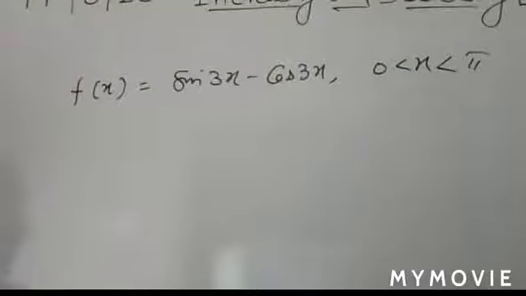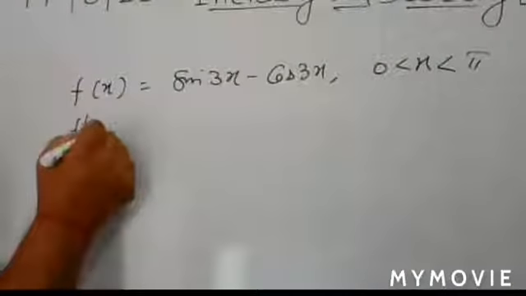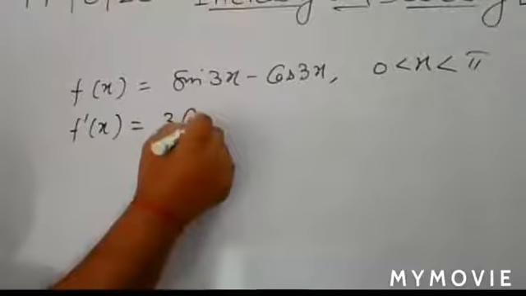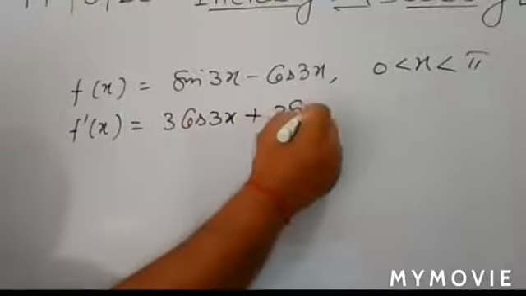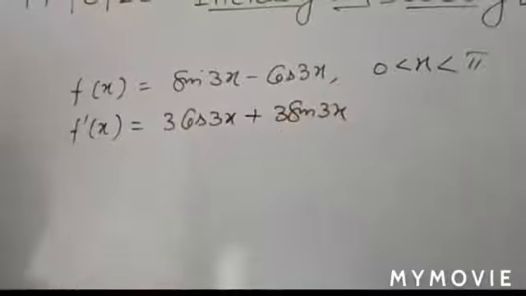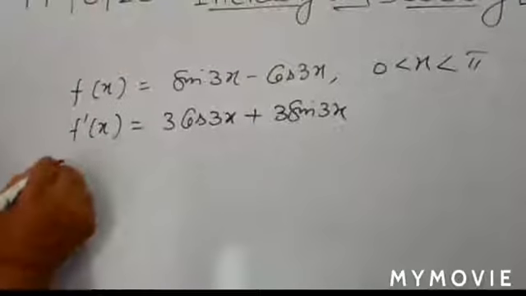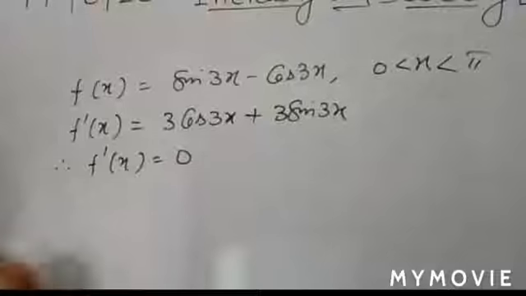Okay, so what you do here, take it, be on time. If you take its differentiation, f dash x, you have 3 cos 3x plus 3 sine 3x. Understand? Okay, now f dash x is equal to 0.